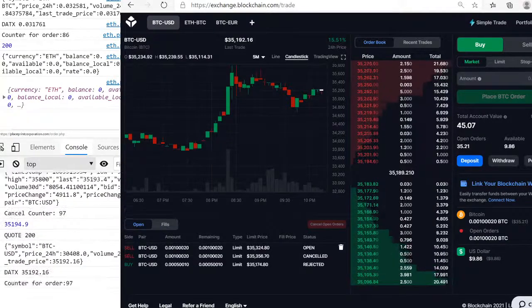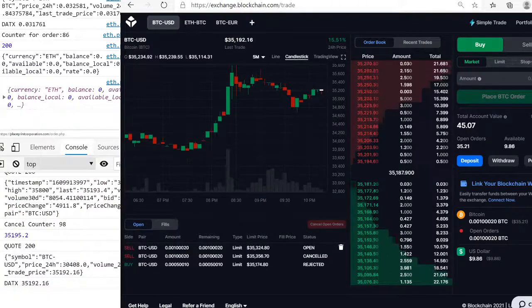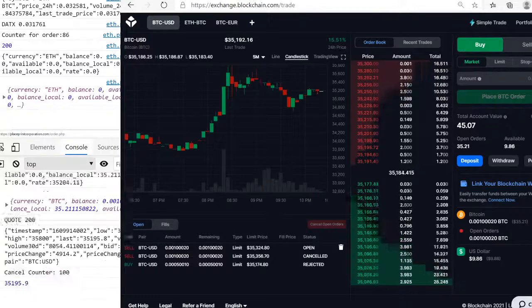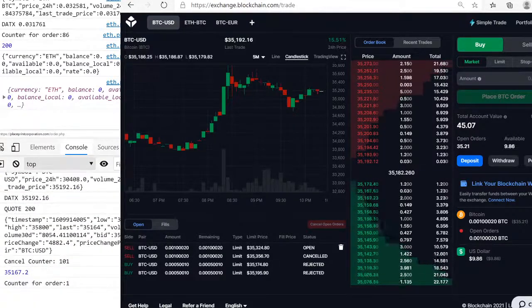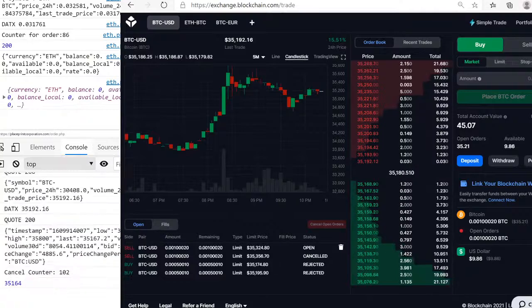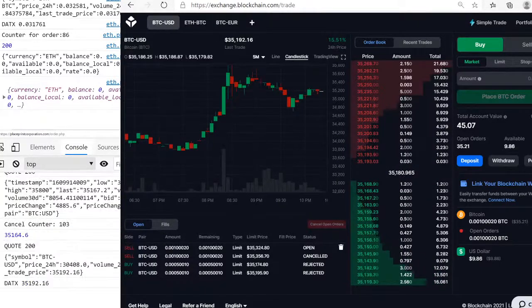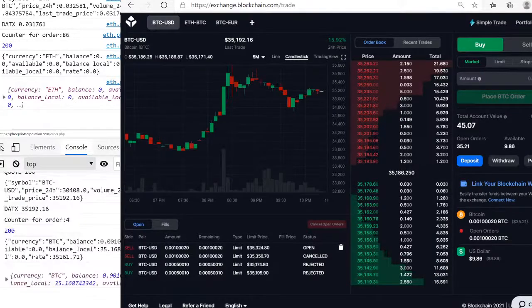If it's a really weak market, it would make the exit lower. It's trying to buy because the buy counter was there, but it was rejected because of the available balance.